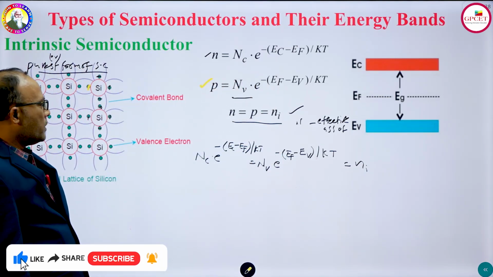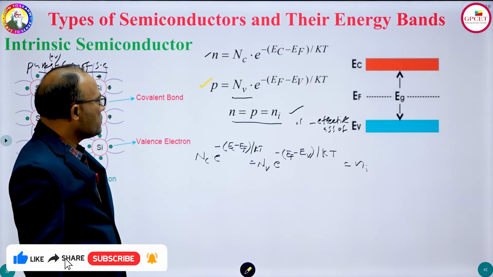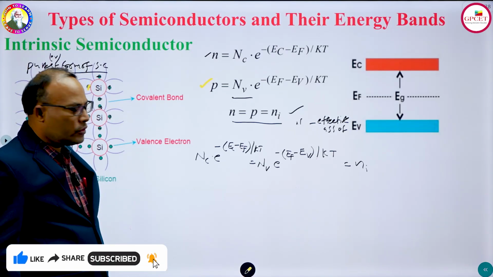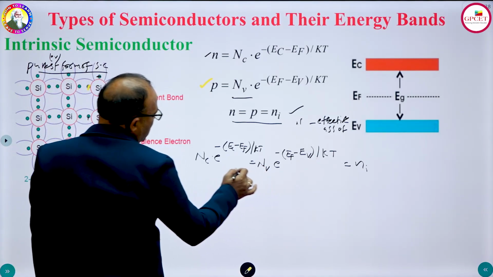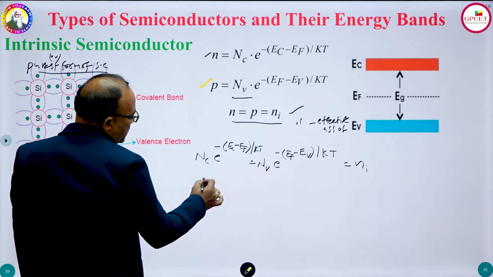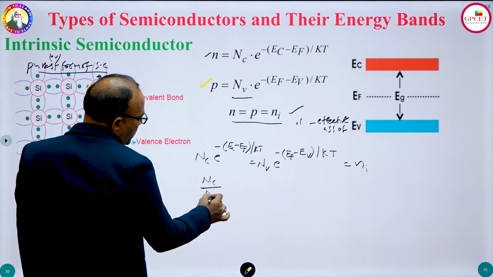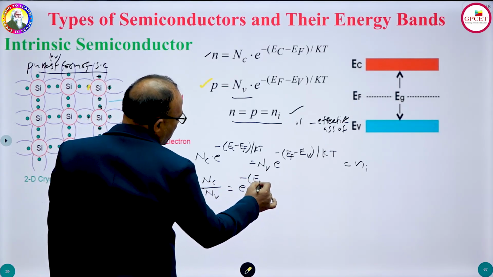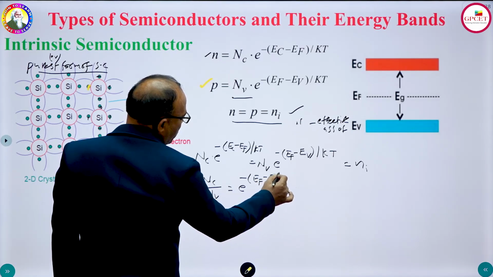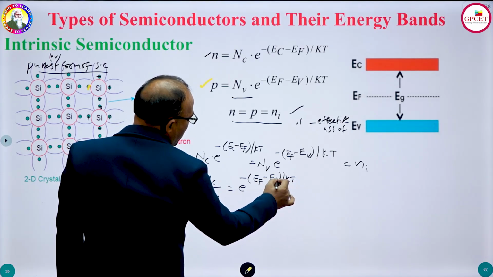So we are equating the concentration of electrons and the concentration of holes. So what we get here is Nc divided by Nv is equal to e power minus of Ef minus Ev divided by kT.